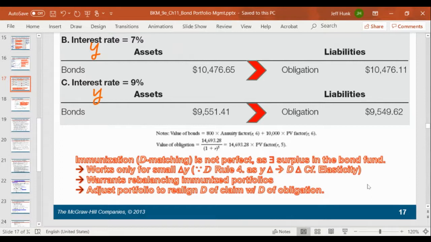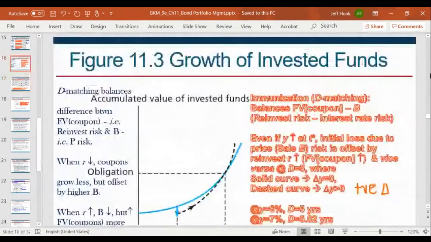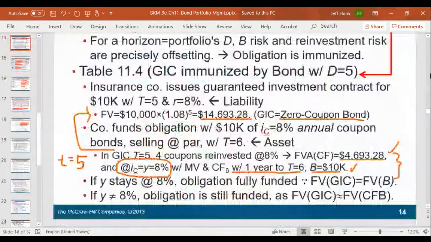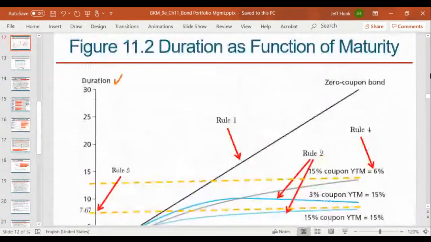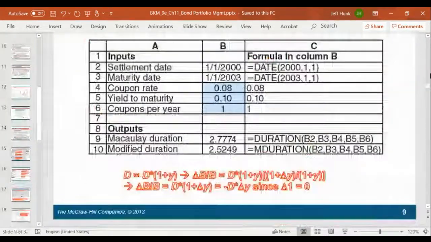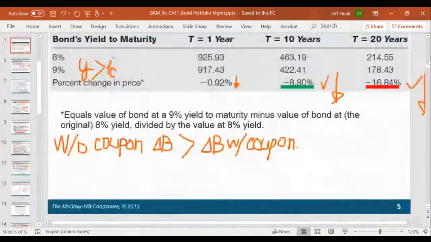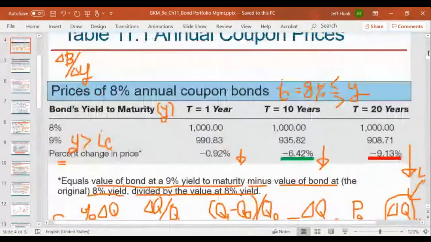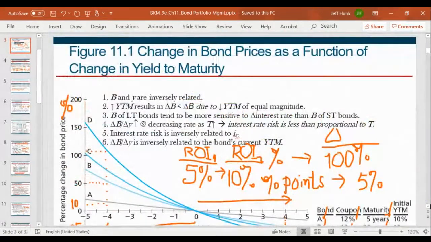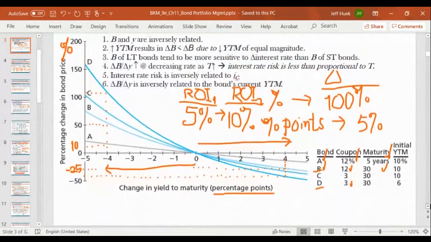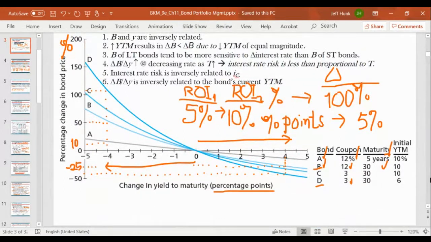And if you think about it, actually, duration is like the slope of a curve. Let me go back to that graph. See, this is the graph of sensitivity, right?